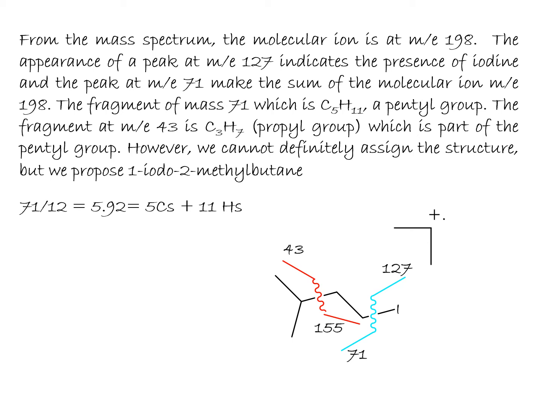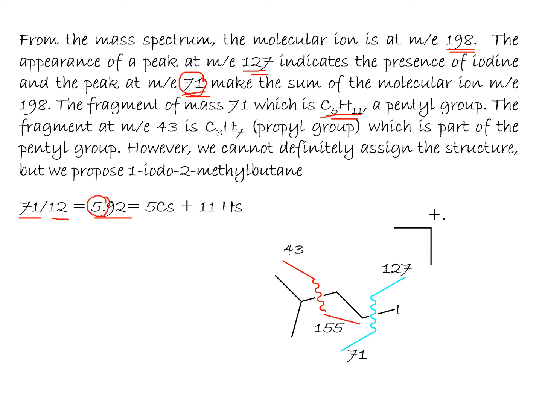From the mass spec, 198, and the presence of a fragment at 71, which is complementary with 127 to form 198, 71 is most likely C5H11. If you don't remember, you take 71 divided by 12, it gives you 5.92.